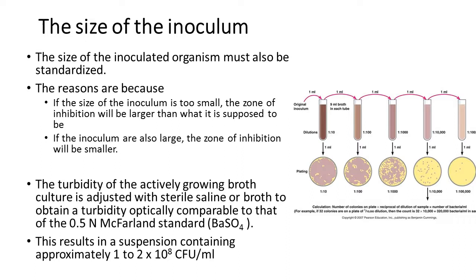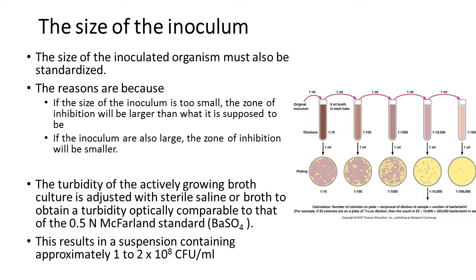The 0.5 McFarland standard is prepared using barium sulfate, which is a turbidity solution. We compare our organism suspension with the McFarland standard. After comparing, the turbidity should be the same.